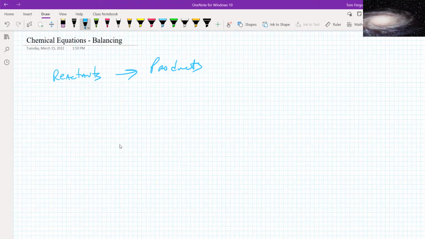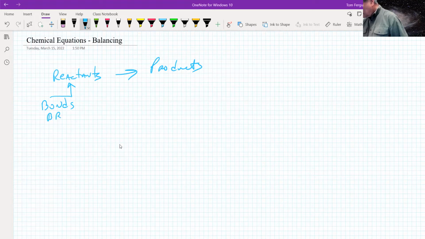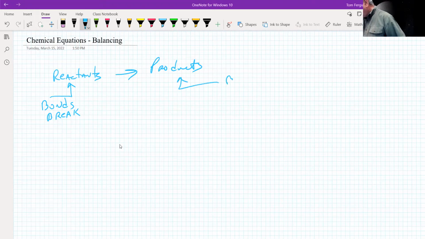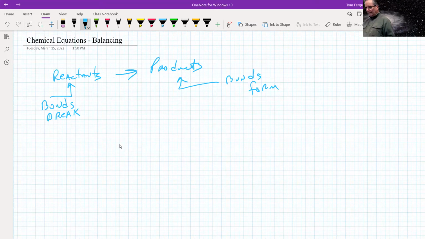That's the fancy word for that: activation. Okay, so reactants, bonds break; products, bonds form.